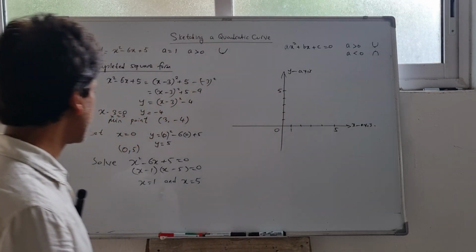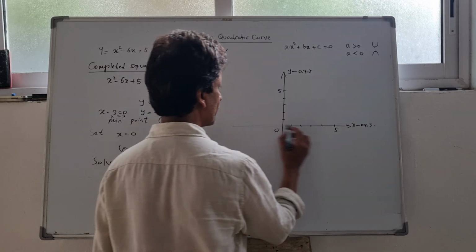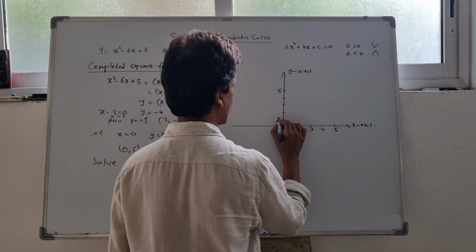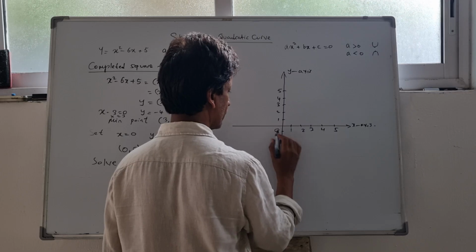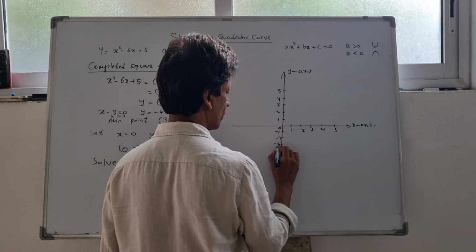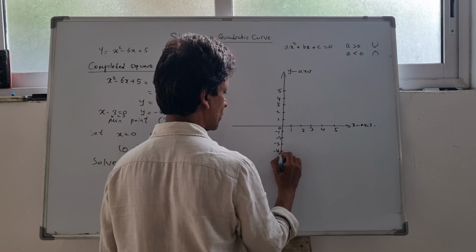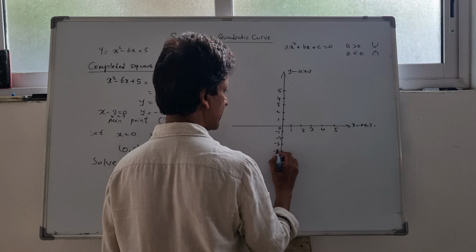We have a minimum point, and the minimum point turns out to be (3, minus 4). Okay, so let's say minus 4 is somewhere here, and the minimum point is (3, negative 4).